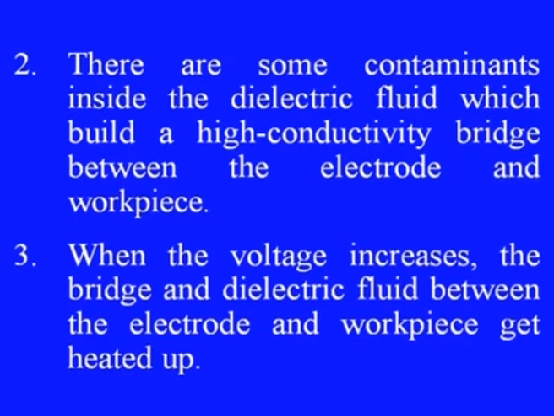Number 3, when the voltage increases, the bridge and the dielectric fluid between the electrode and the workpiece get heated up. Number 4, the dielectric is ionized to form a spark channel, also called a plasma channel.